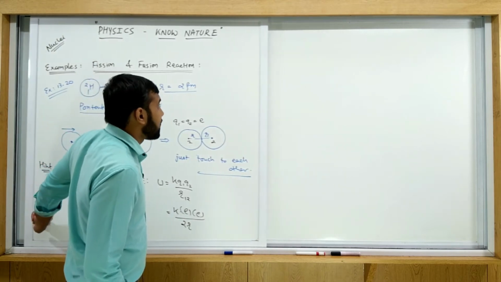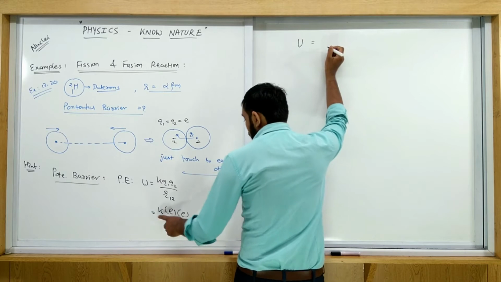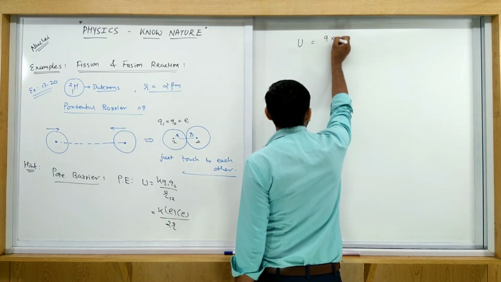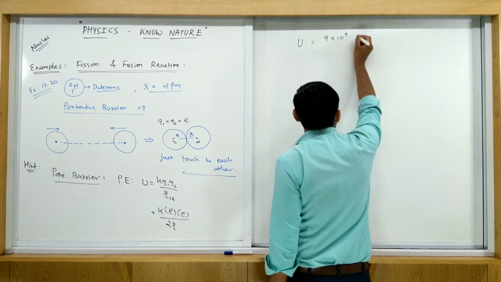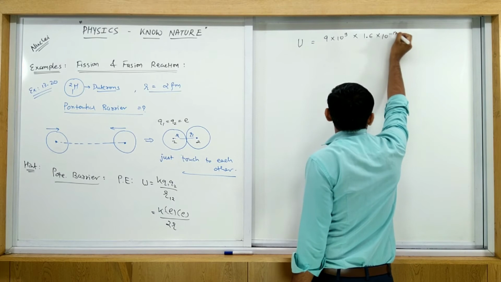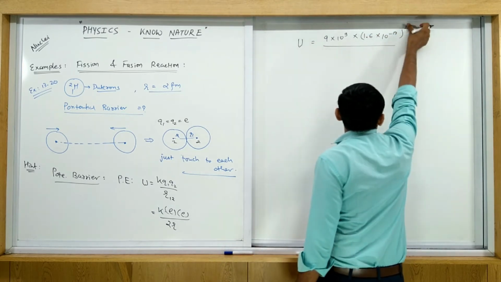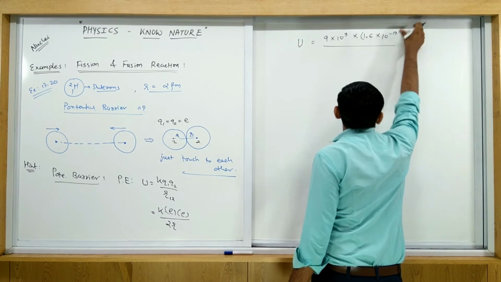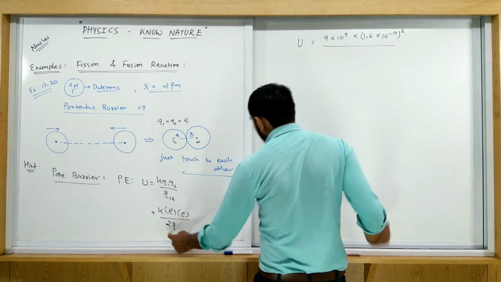So potential barrier U is equal to K, which is 9 into 10 raised to 9, into e into e, that is 1.6 into 10 raised to minus 19 squared, upon 2r.